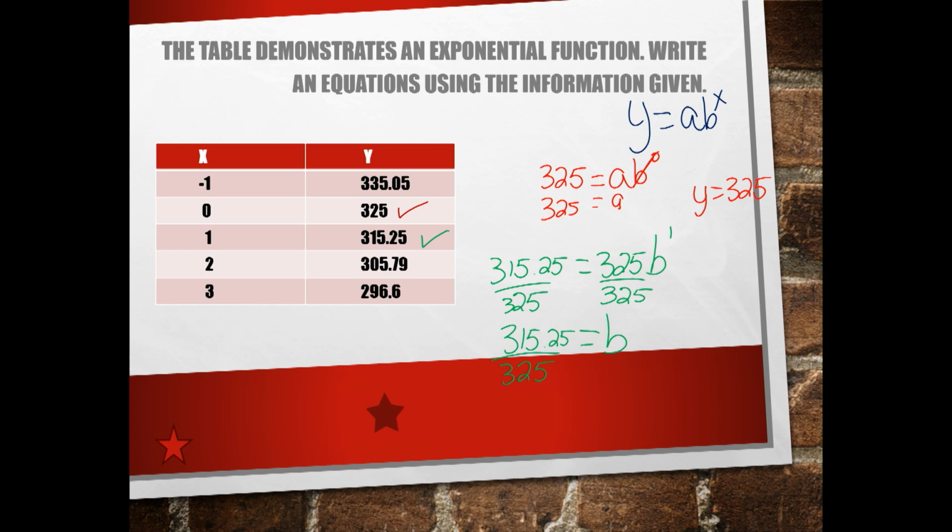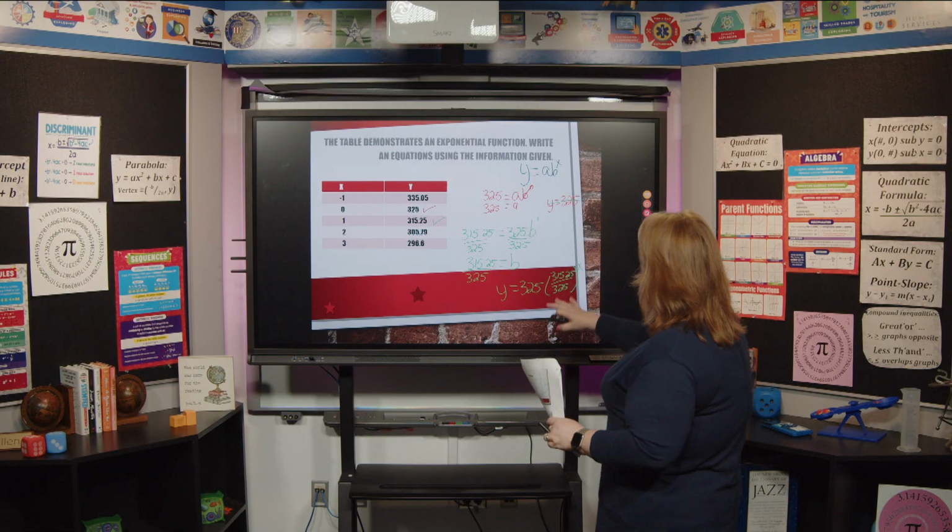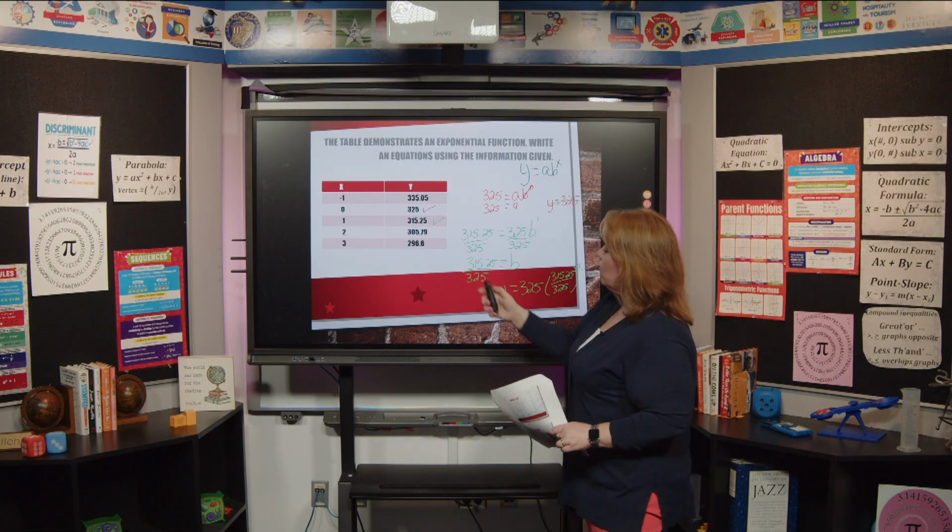So then I can rewrite this as y equals 325 times 315.25 over 325 to the x. And we've taken 2 points, we've plugged them into our equation, and now we have the full equation for this table.